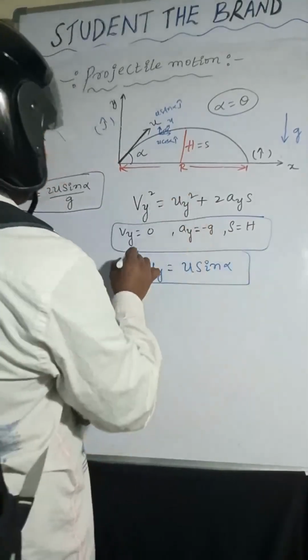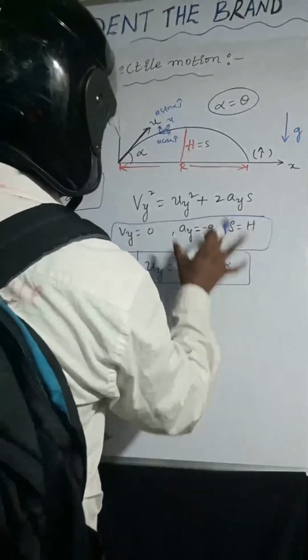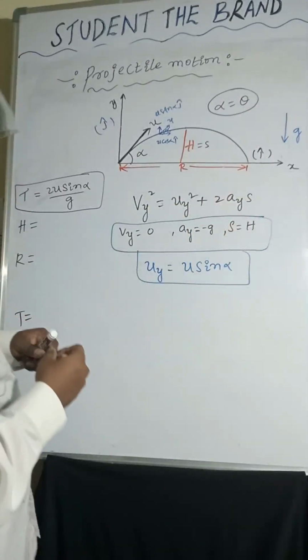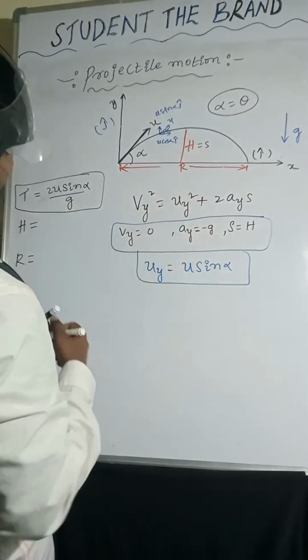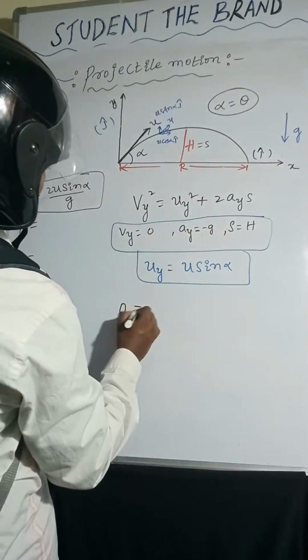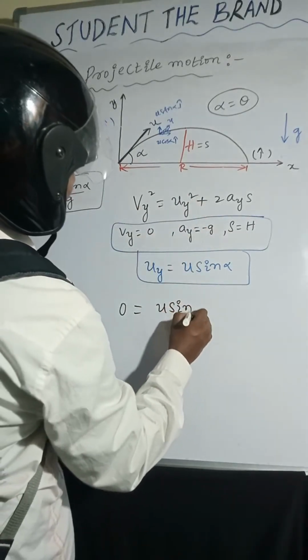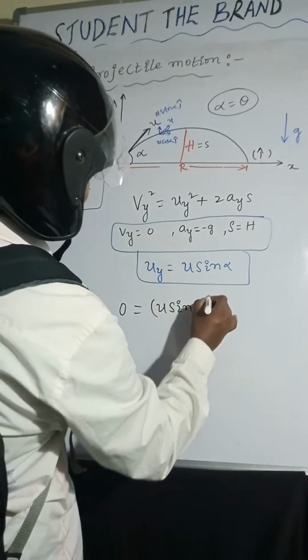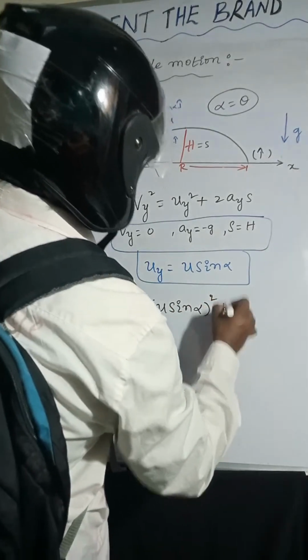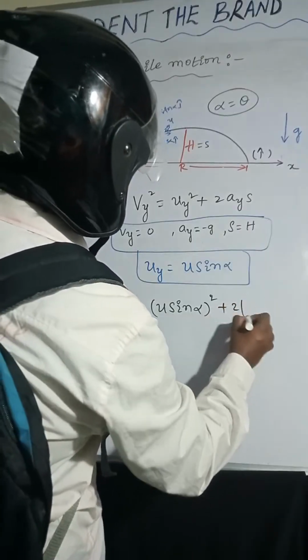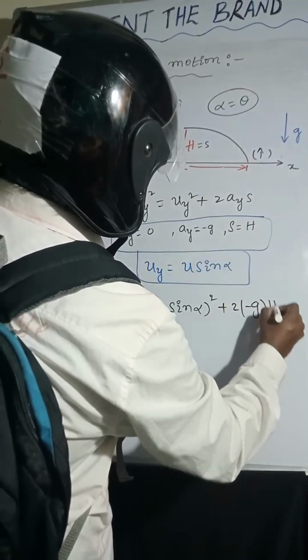Now substitute these points. These are the conditions. These conditions you can substitute in the equation. If you substitute in the equation, so 0 equal to u sin alpha whole square plus 2 into minus g into h.